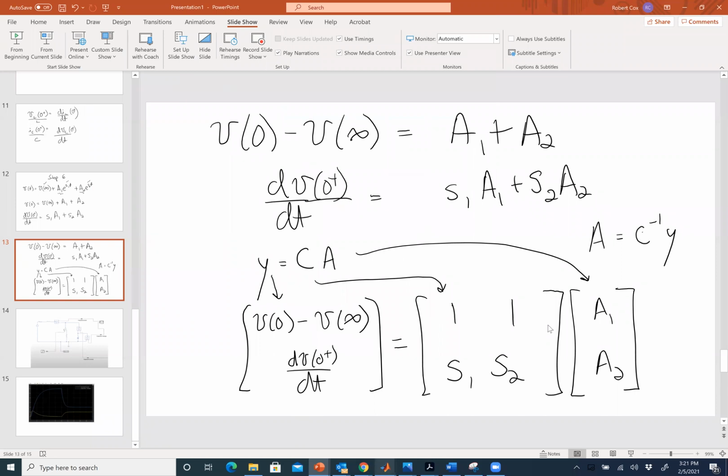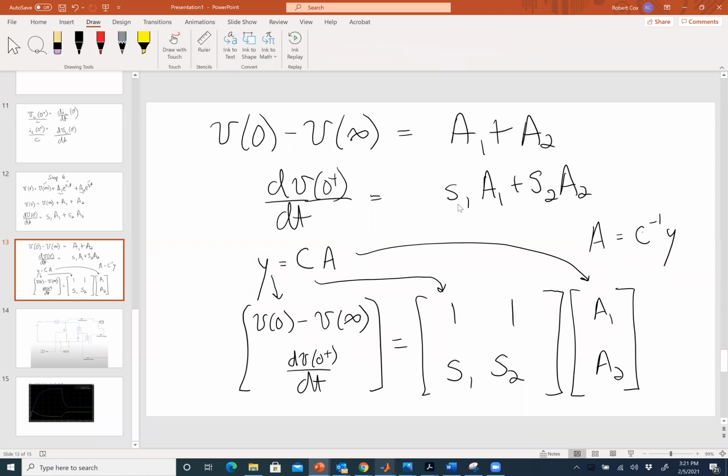I find this to be the easiest approach. But what you have here is 2 equations and 2 unknowns. Everything on this side is known, S1 and S2 are known. A1 and A2 are the things you don't know. Solve that whatever way you want. I'm showing you how I would do it.